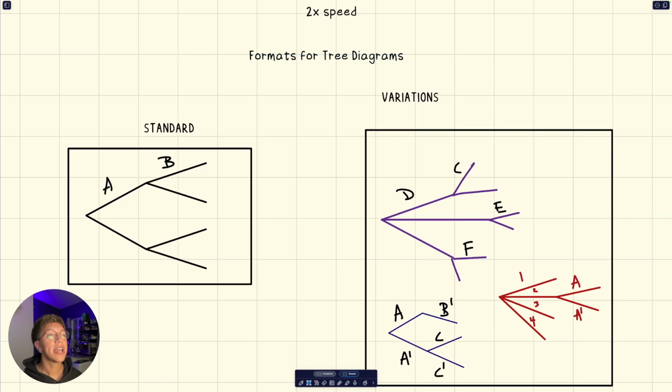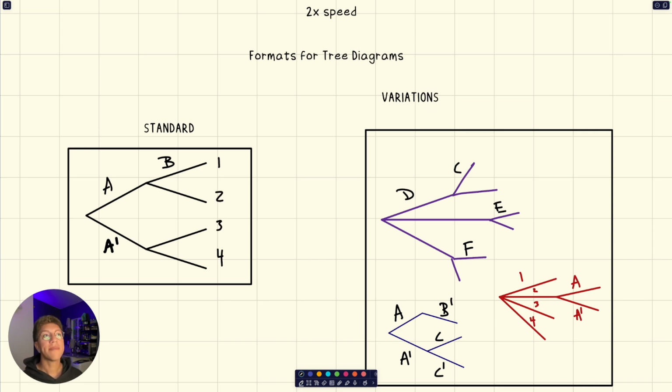A standard tree diagram will have one event, and that event will either happen or not happen. After that first event, it branches off to our second event, and in our second event, either that event happens or it doesn't happen. And so in total, we get 4 total branches.